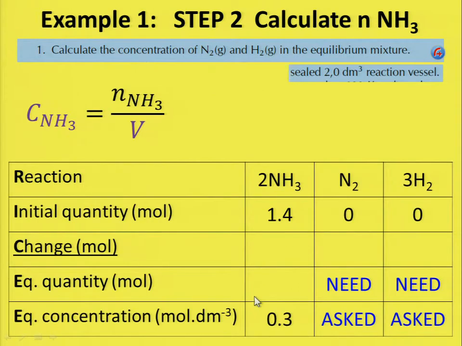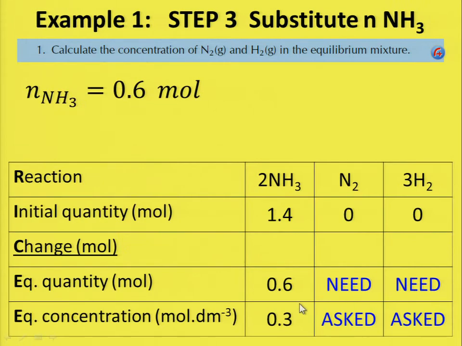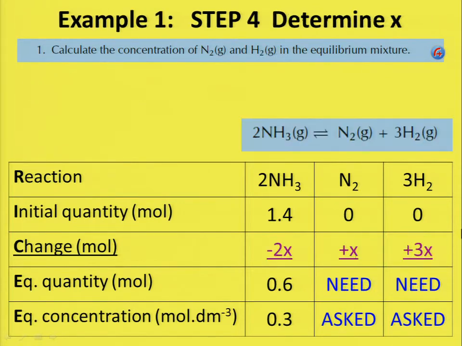That you get from your table and the question. So then the moles of ammonia is 0.6 moles. Now you go back to your table and you fill in the quantity that you just calculated. Now you have the equilibrium quantity in moles and you want the concentration of nitrogen and hydrogen in the equilibrium mixture.